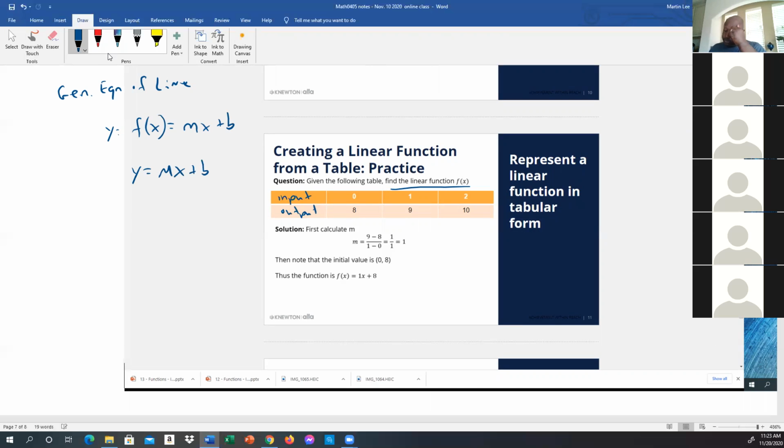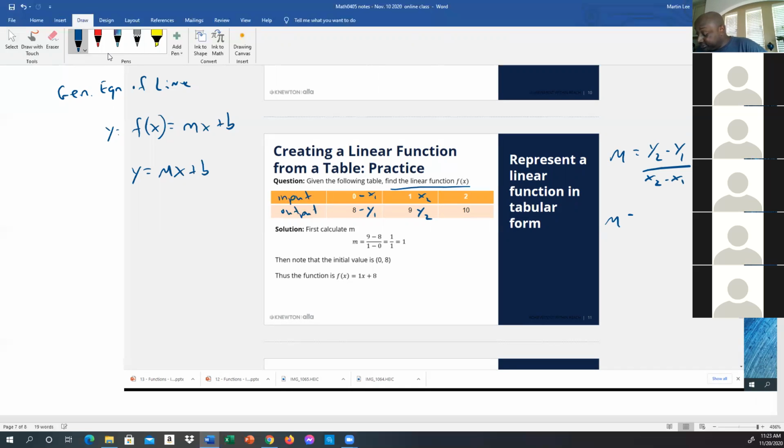So the first thing we do is calculate the slope by picking x1, y1, x2, y2. I'm going to let this 0 be x1. This will be y1, x2, and now y2. To calculate the slope, m equals y2 minus y1 over x2 minus x1.